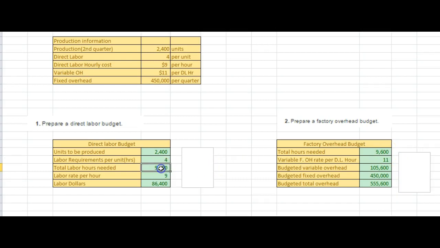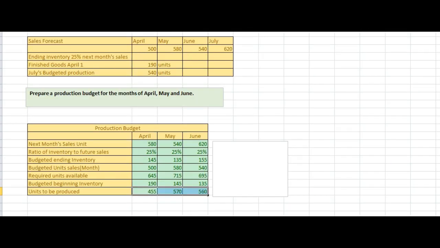So it's 9,600 hours we need, and this says for every hour we work, it's $11 variable overhead. So we multiply that out and come up with 105,600. We have a fixed overhead that needs to be added. So now we have our budgeted total overhead. So that's overhead and materials, one way of doing it.